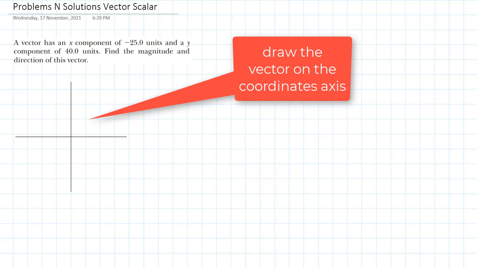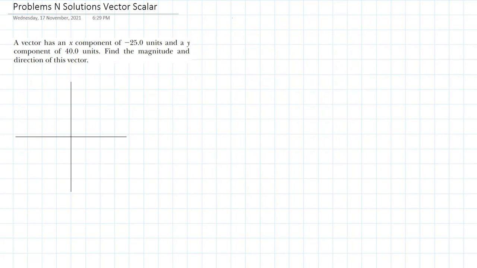We place the vector on the xy axis. The vector has negative 25 units in the x direction, which is the negative x direction, so we draw the component vector 25 units, and 40 units in the positive y direction.